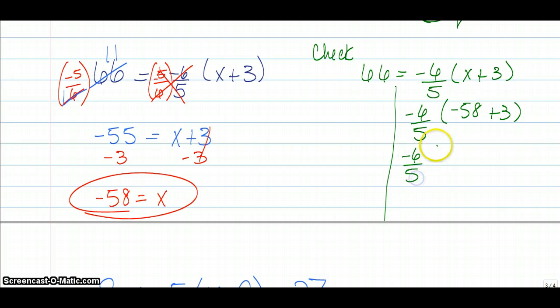Signs are different, so take the small number from the large number, keep the sign of the large. Gives me negative 55. I see I have a negative times a negative, so I know my answer is going to be positive. 5 goes into 5 one time. 5 goes into negative 55, negative 11 times. Negative 6 times negative 11 gives me a positive 66, and it checks out.